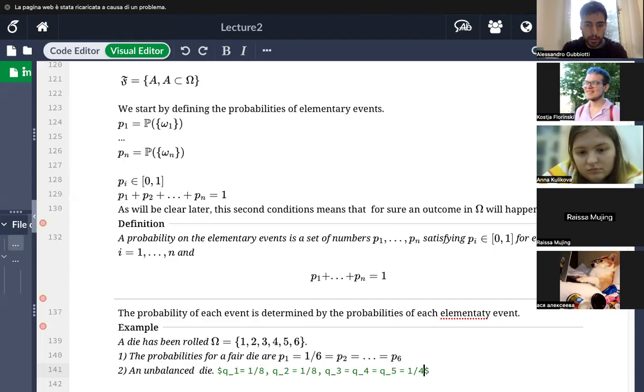And then, no, this is 1 over 16. I didn't want to spend too much time computing sums, but Q6 has to be equal to the remainder.